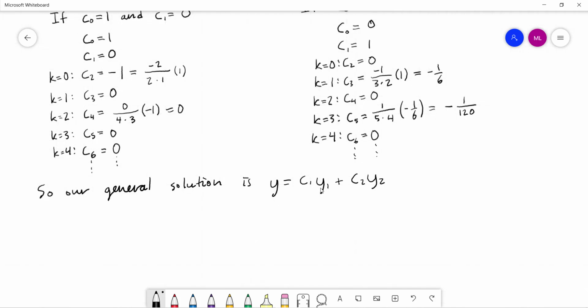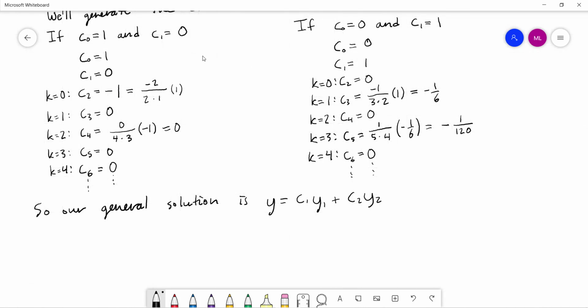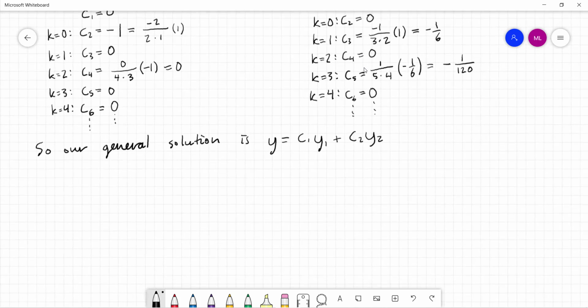But basically, y1 is going to be generated from letting C0 be 1 and C1 be 0. And then y2 is going to be generated from this. This is the easiest combination to pick. And the point being that if you had an initial value problem, you would have to pick values specified by the initial conditions that would satisfy that. But if we're just finding the general solution, using 1, 0 and 0, 1 for those 2 values is going to be the easiest way to do this.